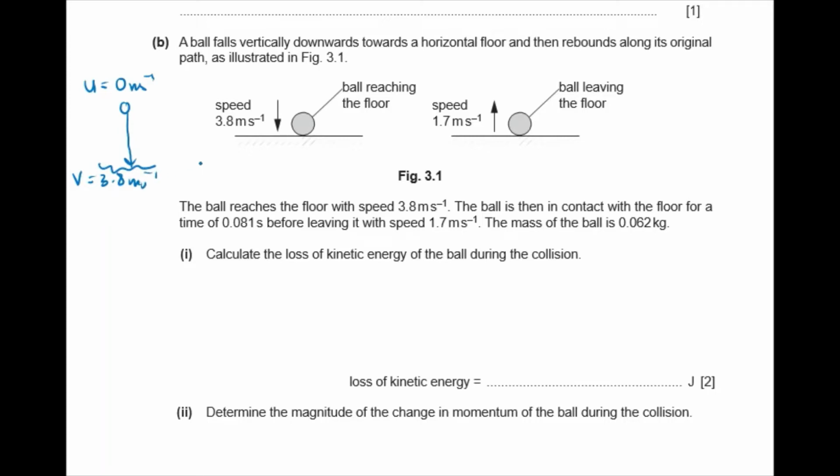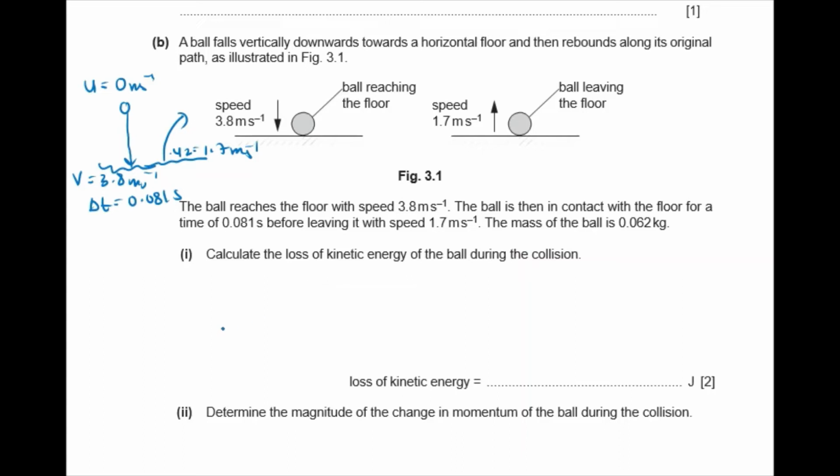The ball is in contact with the floor for time t equal to 0.081 second. Before leaving, the speed is 1.7 meter per second. Then it rebounds, so here the rebound speed is 1.7 meter per second. The mass of the ball is 0.062 kilogram.